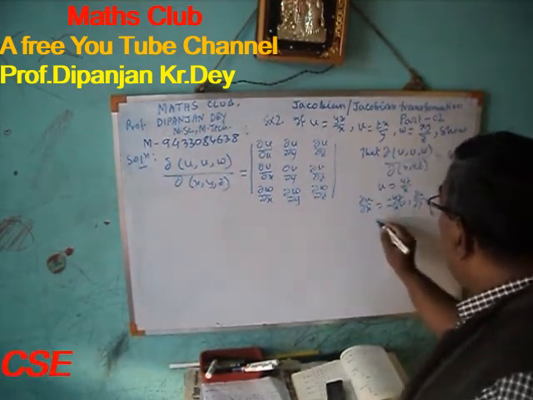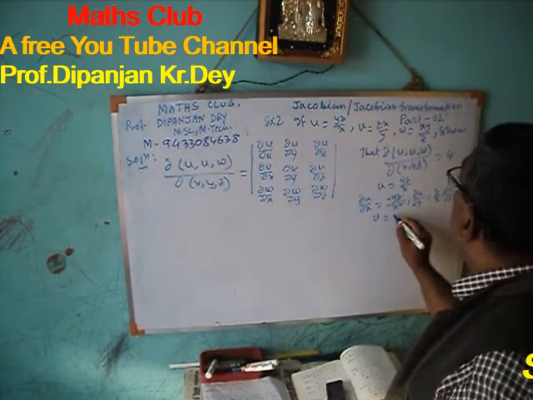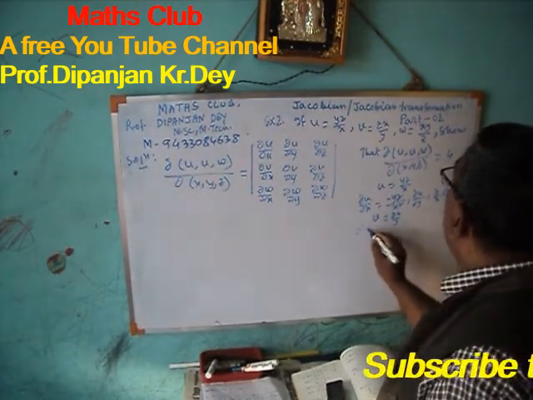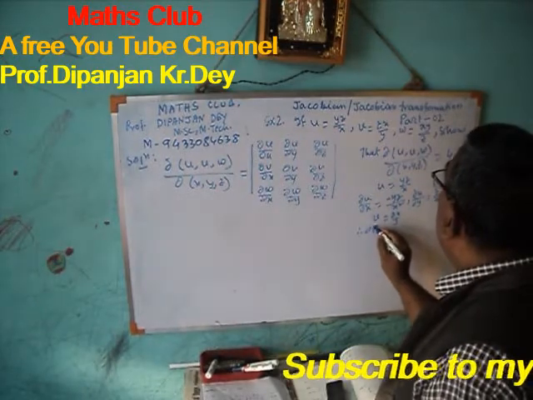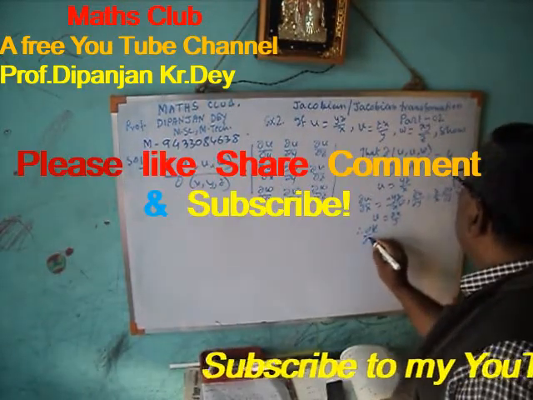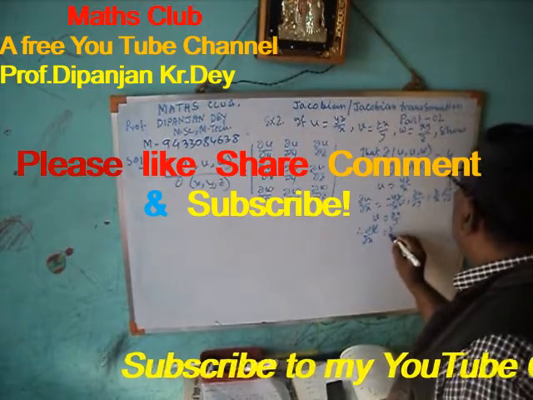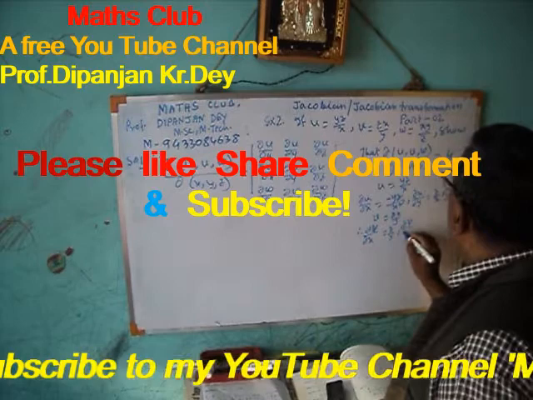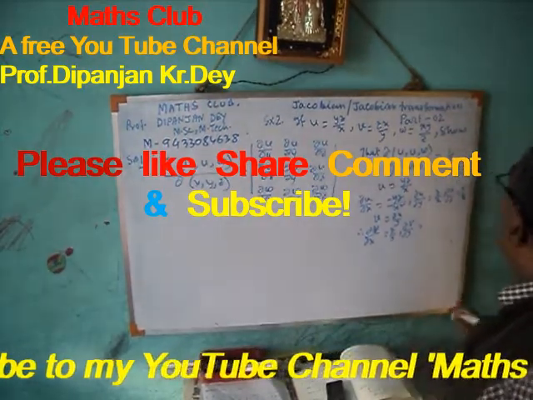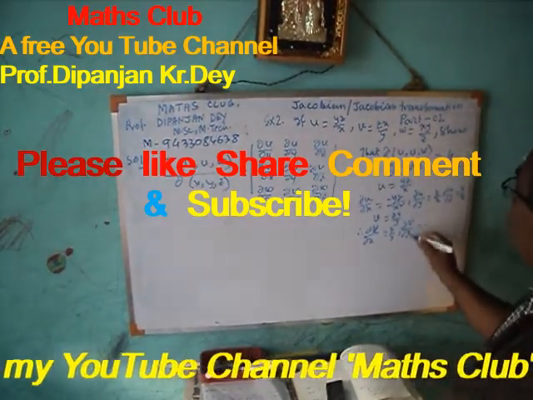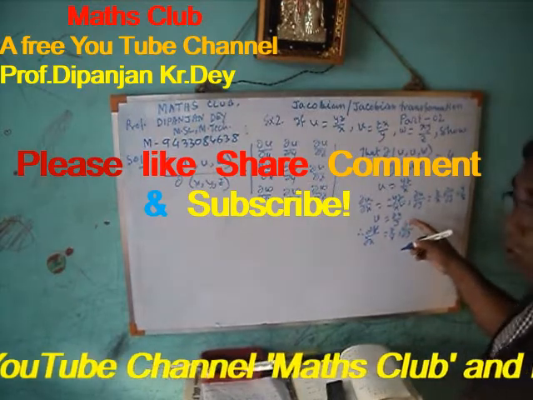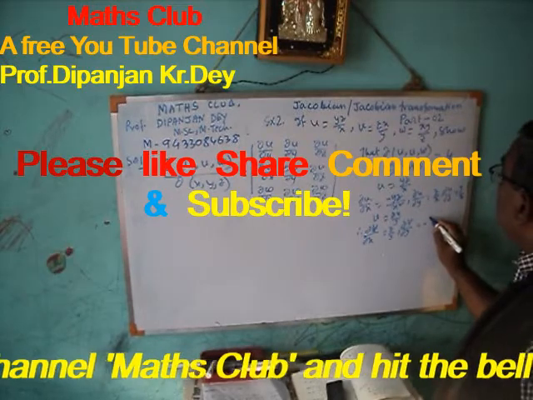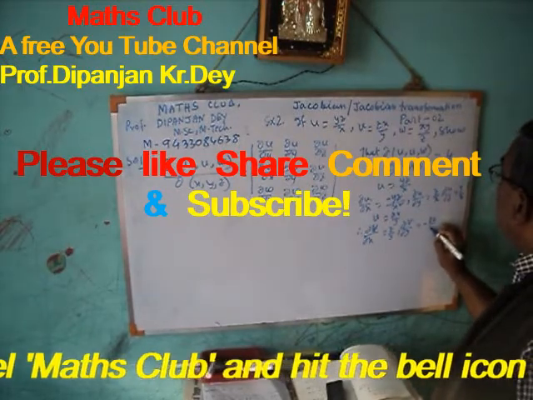Now v equals zx by y. Therefore del v by del x is z by y. Del v by del y, with respect to y when x and z are constant, be careful, is minus zx by y square.